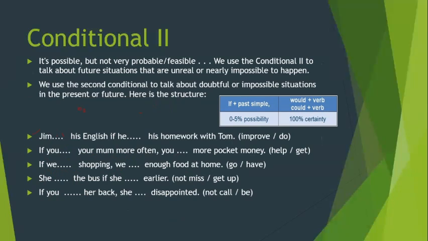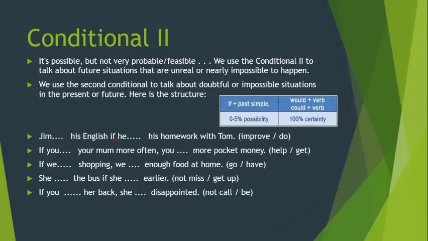Now we move to the second conditional sentences, where we have the simple past form plus would plus verb, could plus verb. With if we use a simple past, so we have to identify where the conditional clause is; there we use a simple past.